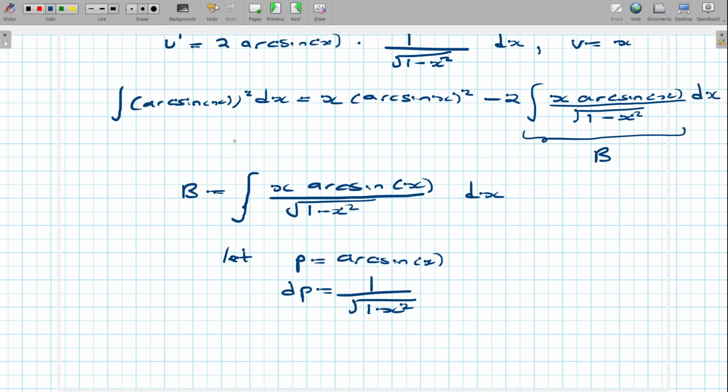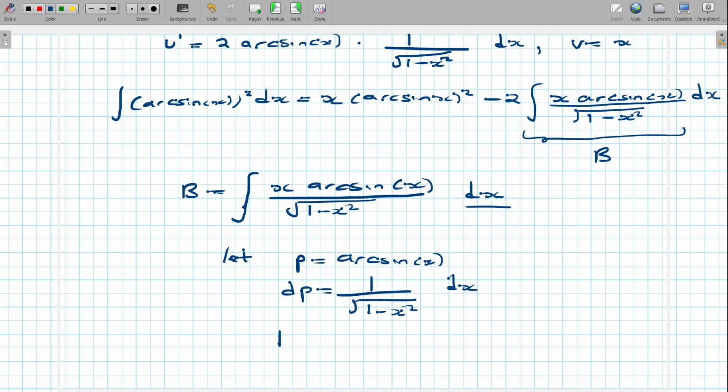Of course, to get that, it is 1 divided by root of 1 minus x squared, and here we differentiated with respect to x. Since we have dx and we're changing variables, we're supposed to make dx the subject of the formula, so that we get rid of it in this integration that we are performing here in b.